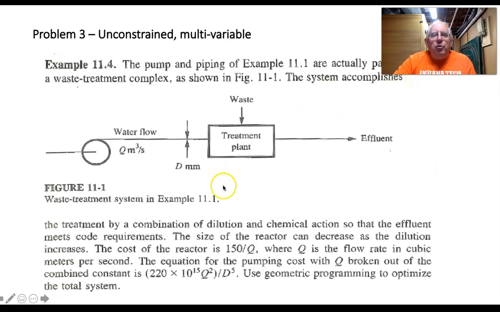The size of the reactor can decrease as the dilution increases, so if we brought in more water here, we can make the size of the plant smaller, because the overall effect is to take the waste stream and get it down to a lower waste effluent, so we can overfill with water and make this a little bit smaller.